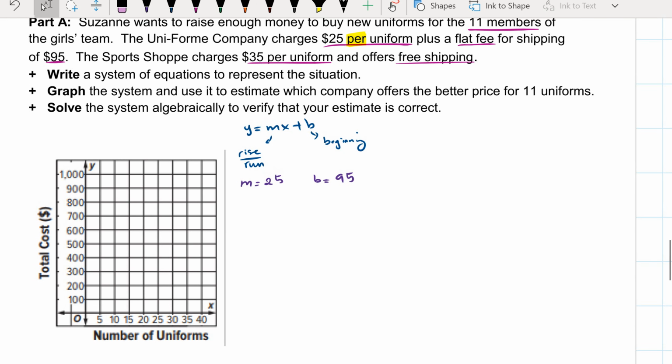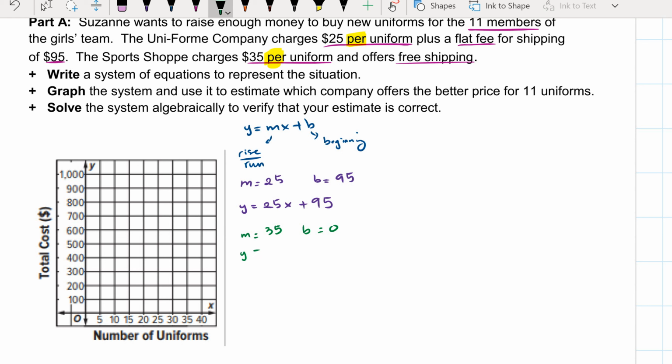So our equation will be y equals 25x plus 95. And Sport Shopee charges $35 per uniform and offers free shipping. Same thing again, per means slope, so m equals 35, and free shipping, so b is 0.